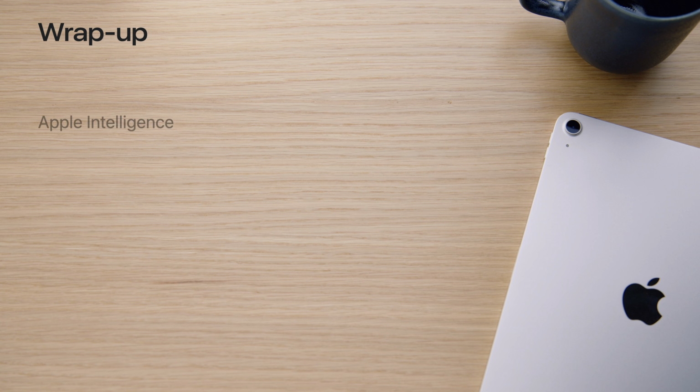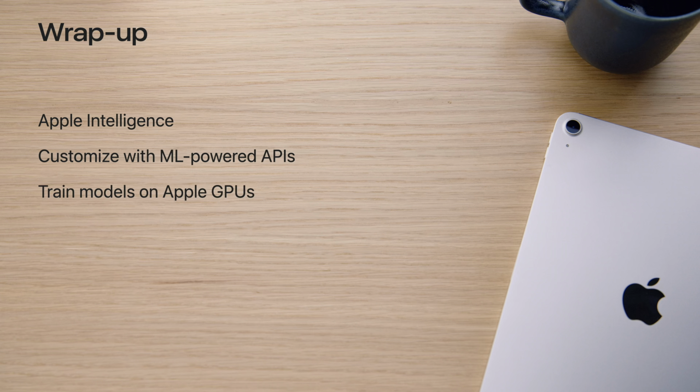But we've only scratched the surface. To summarize what we covered, leverage the built-in intelligence of our OS by utilizing standard UI elements to create seamless user experiences. Take it to the next level by customizing your app with ML-powered APIs and Create ML. Train or fine-tune models on powerful Mac GPUs using familiar frameworks like PyTorch powered by Metal.